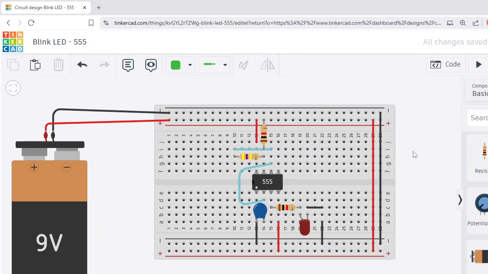And this is not the same circuit. This was a simpler circuit.